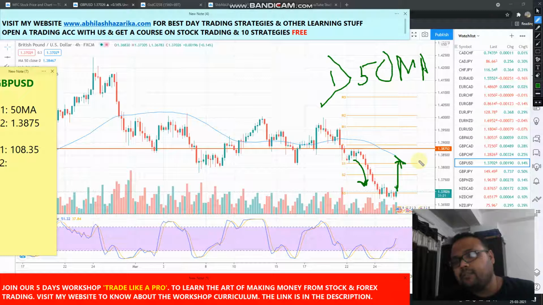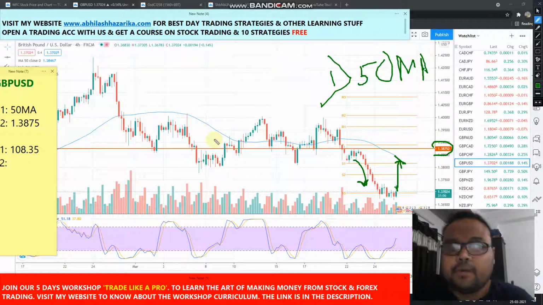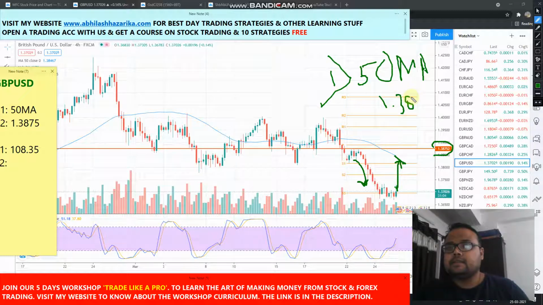On the other hand, if the market crosses the 50 moving average, then this level, 1.3875, may act as a resistance.